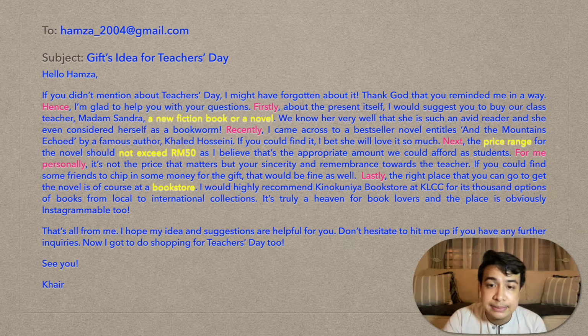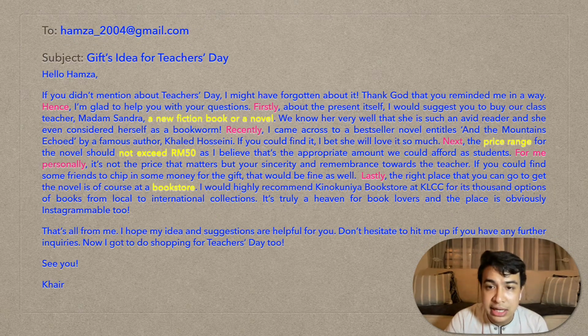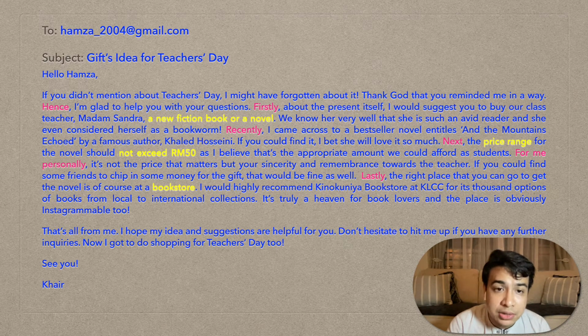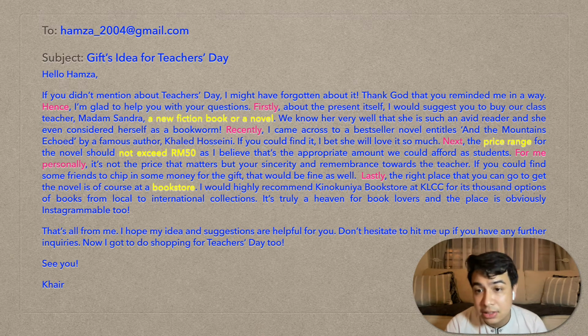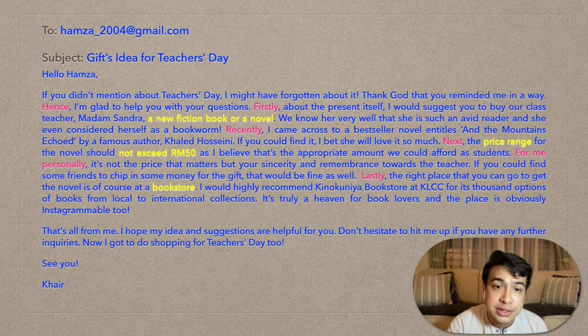And then how about the last requirement, which is about where can I buy it? So you use another cohesive device. Lastly, the right place that you can go to get the novel is of course at the bookstore. So you answered the question, at the bookstore, because you want to buy a book. Answered the third requirement.